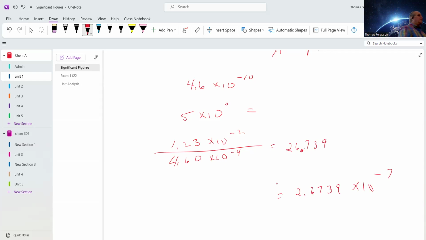Depending on how you work this problem, you're either going to get the top one or the bottom one. The top one is the correct one.